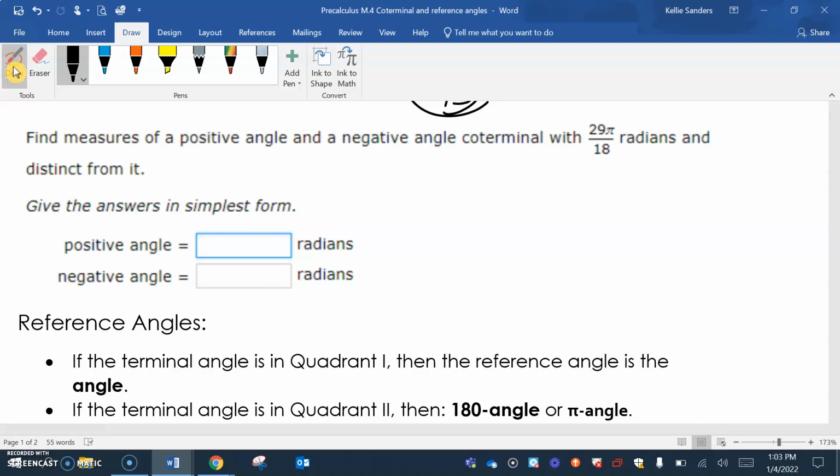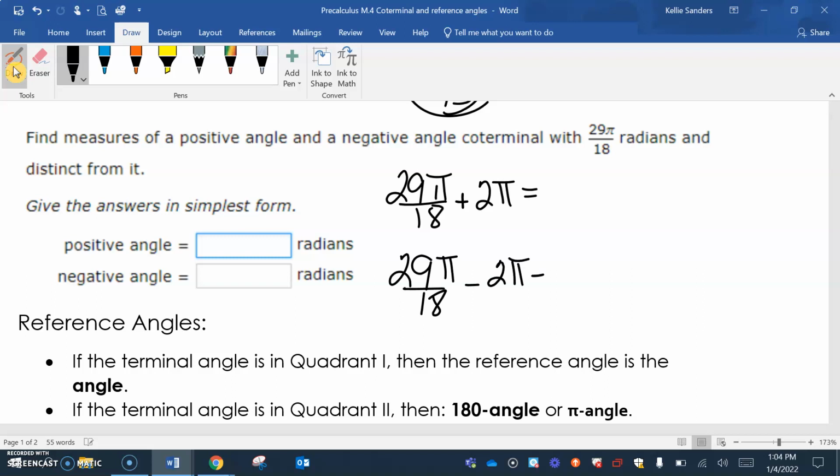Now it's wanting us to do both. It's wanting us to get a positive coterminal angle and a negative coterminal angle. So we're going to do 29 pi over 18 plus 2 pi, and 29 pi over 18 minus 2 pi. 29 pi over 18, doubling 18, you get 36.